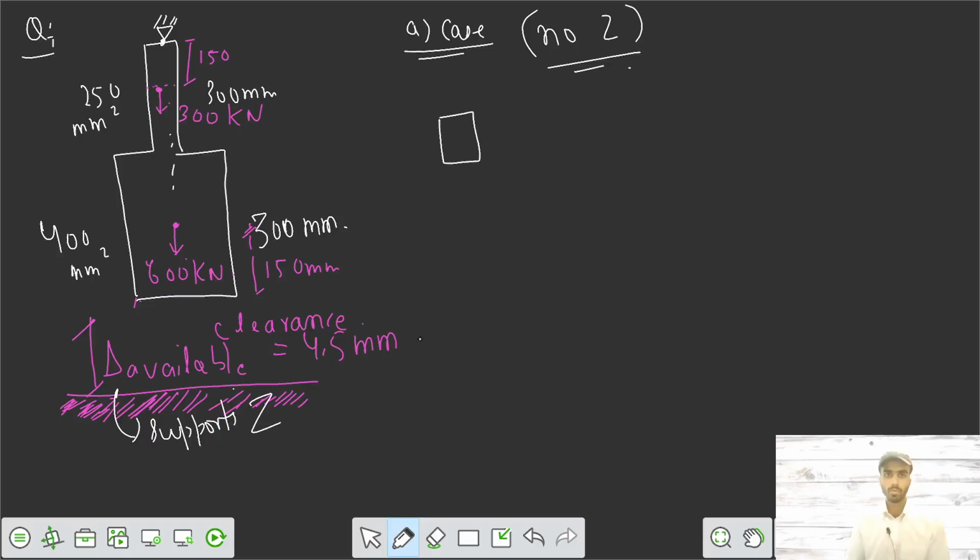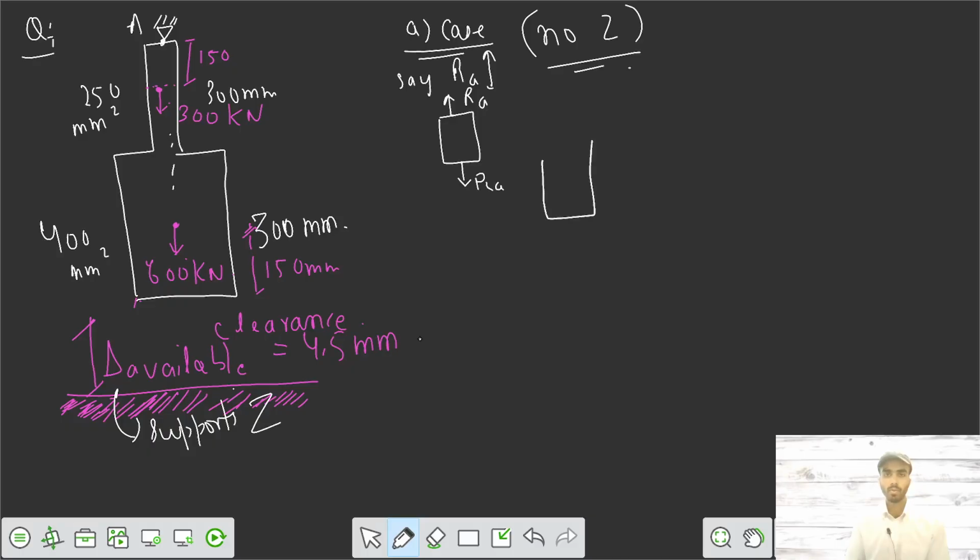For the first 150 mm, assuming the reaction at A is upwards, the reaction A is upwards in this part. It has to be downwards in this part.